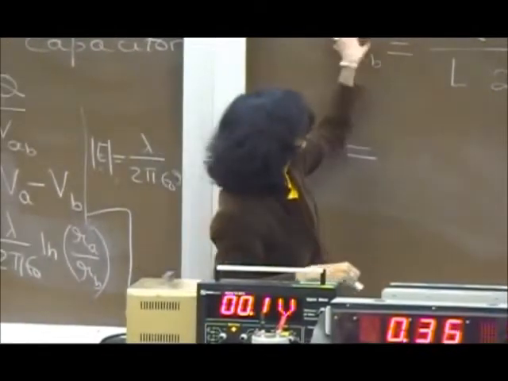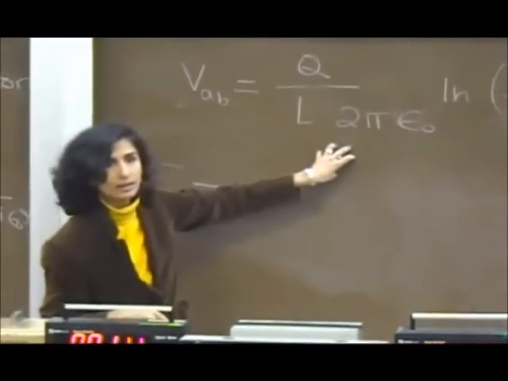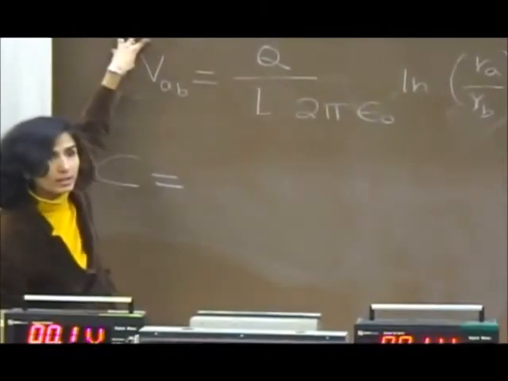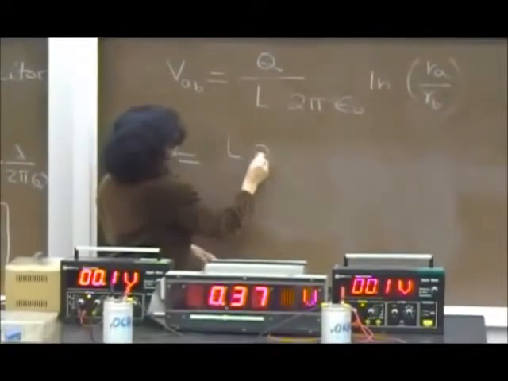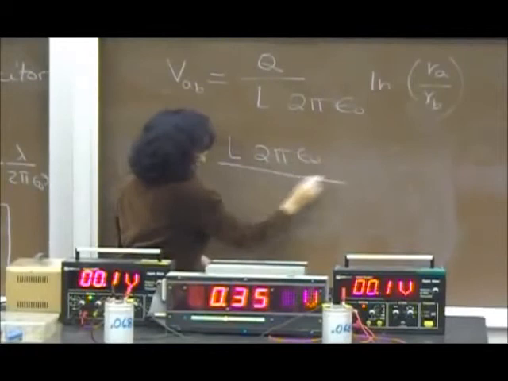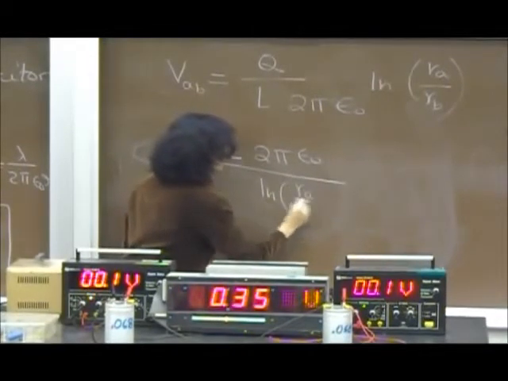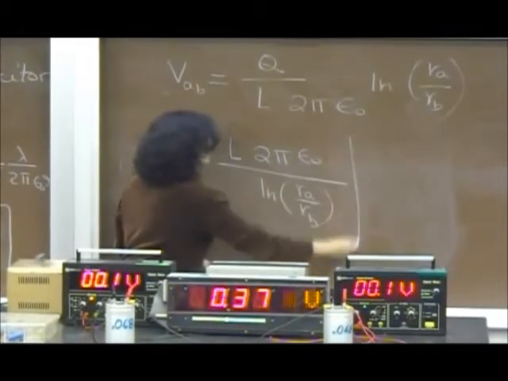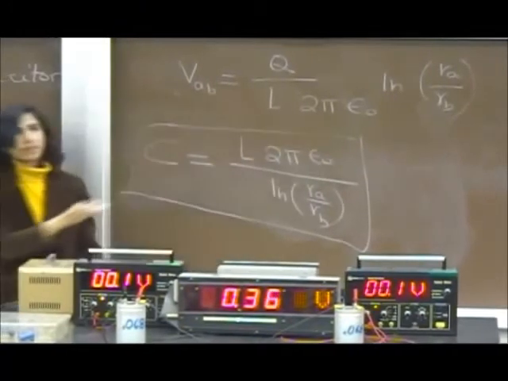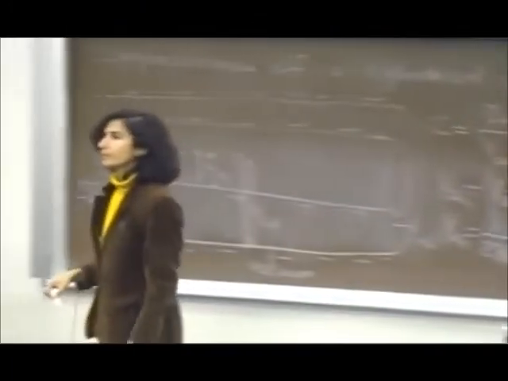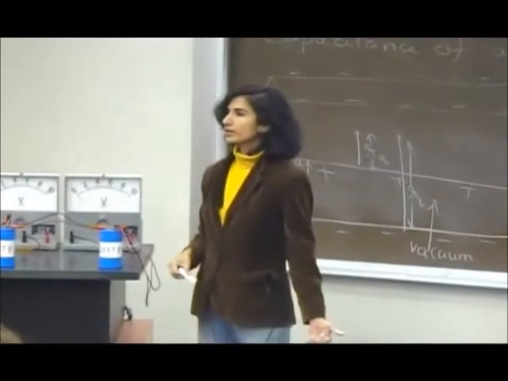Huh? Q divided by V, right? Can I take this up? Yeah, so it will be L 2 pi epsilon 0 divided by log RA over RB. Isn't this the answer? Any questions about this?